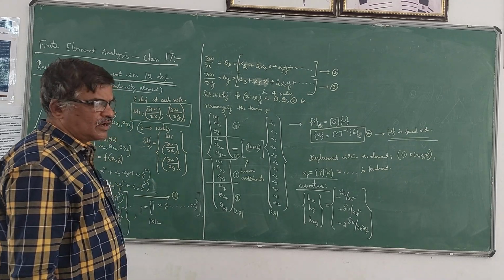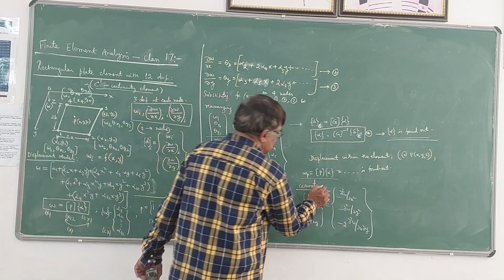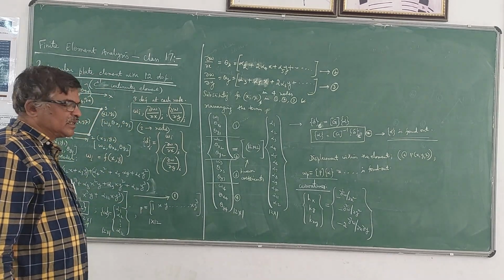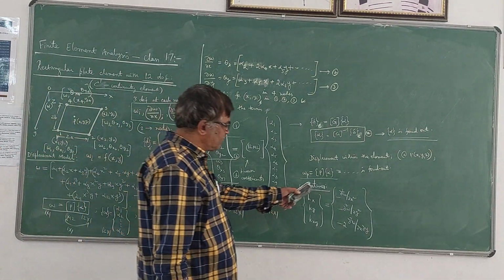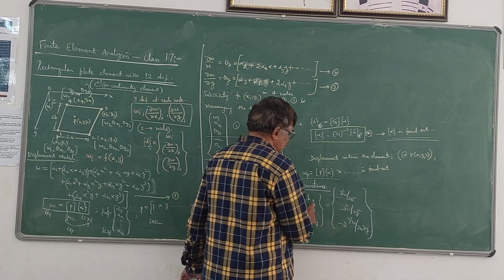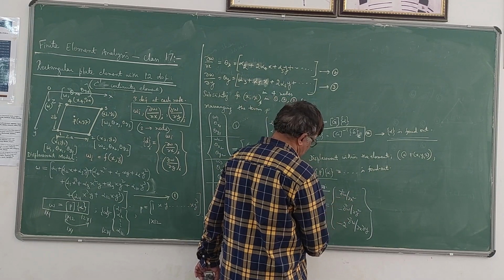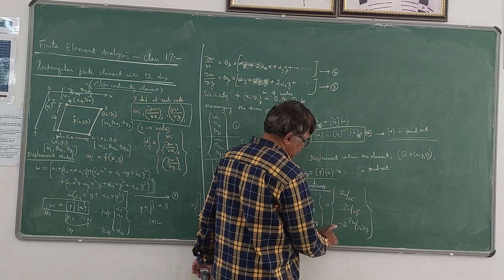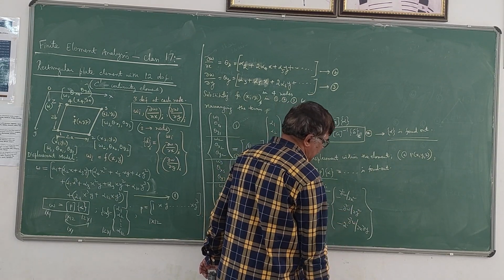Now the curvatures also can be found out. I have told you that Kx, Ky, Kxy are the curvatures, and the corresponding definitions are: Kx is minus dou square W by dou x square, Ky is minus dou square W by dou y square, Kxy is minus 2 times dou square W by dou x dou y.